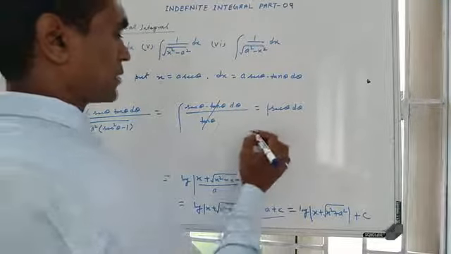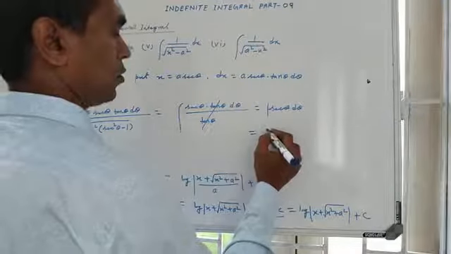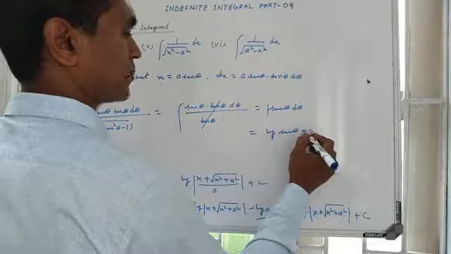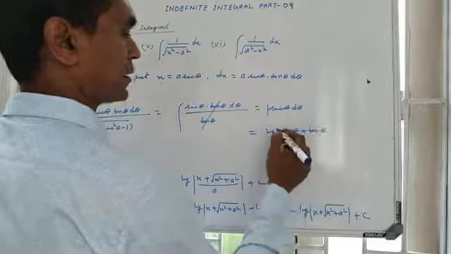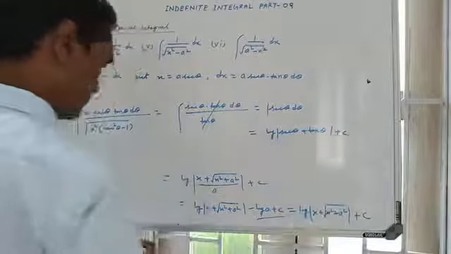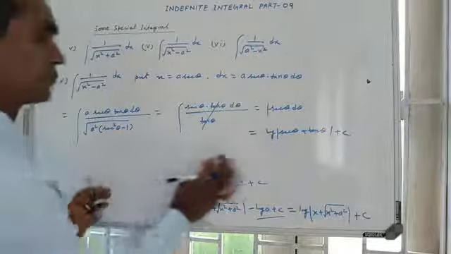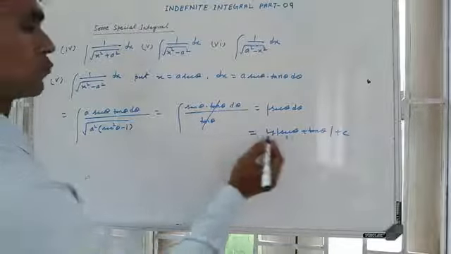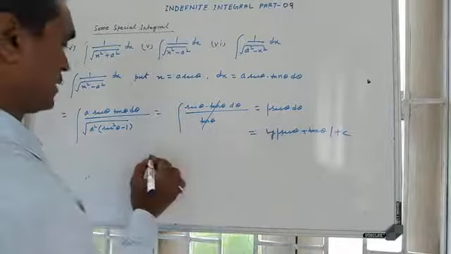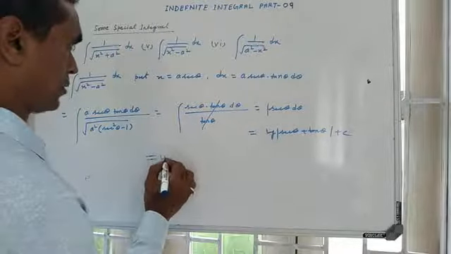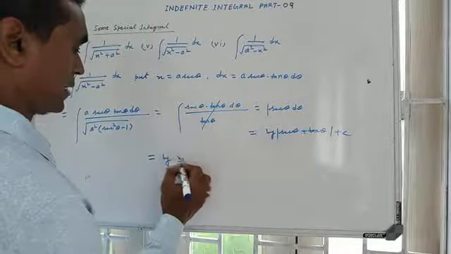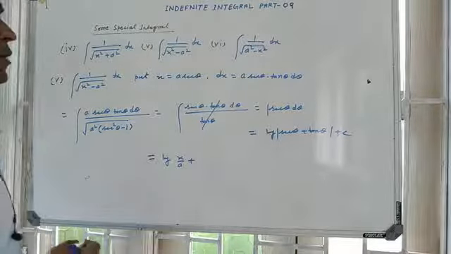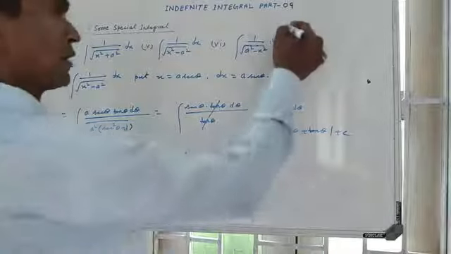Again integral of sec theta is log of sec theta plus tan theta. Sec theta is given x by a, so log of x by a plus tan theta, which we have to find. Tan theta equal to root of sec square theta minus 1.